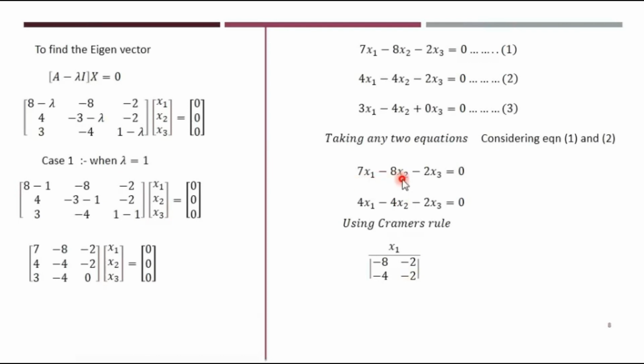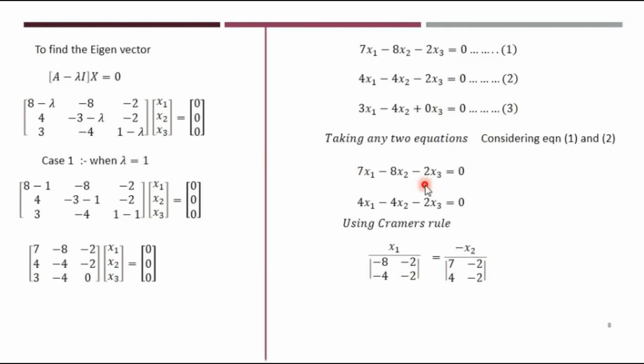Okay, there are three variables x1, x2, x3. So first we will take x1. For x1, we leave out the x1 coefficient, and we have to find the determinant of the x2 and x3 coefficients. So -8, -2, -4 and -2. Then second, we have to find x2. When finding x2, we leave out x2 and write the determinant of the remaining coefficients. But here we have a minus sign, just like we have a sign for a determinant. The second term is always negative in the determinant also. The same way we have this minus sign here.